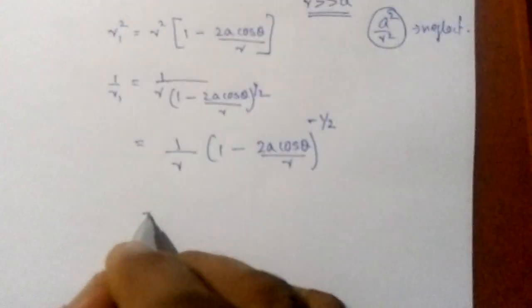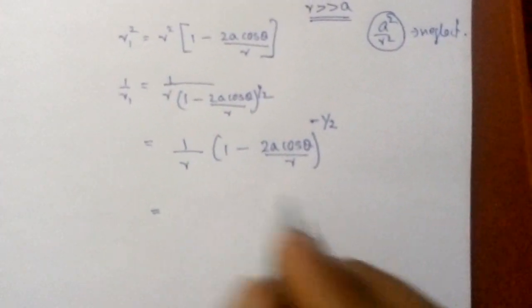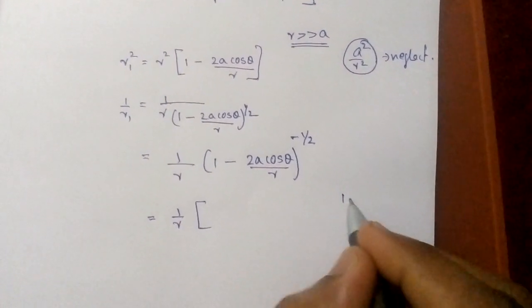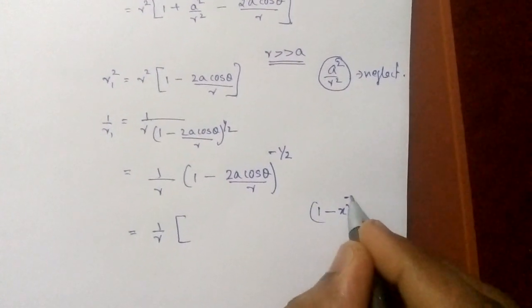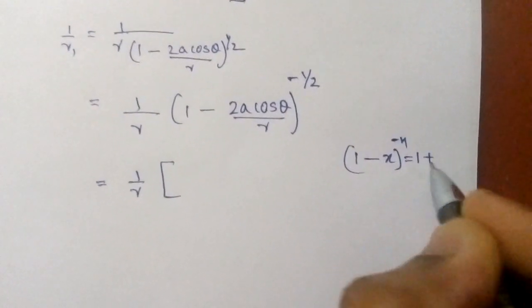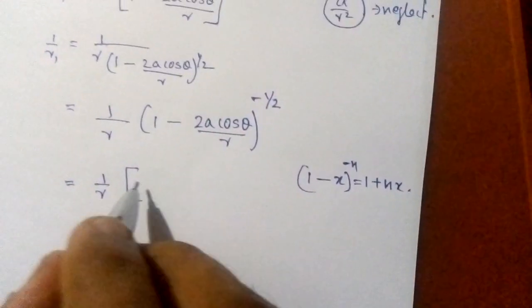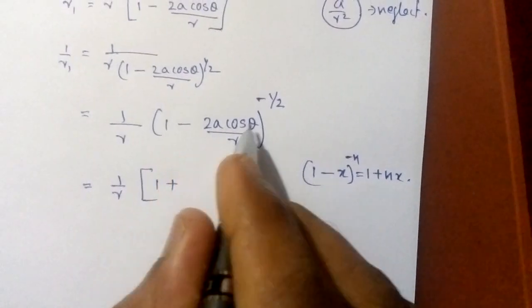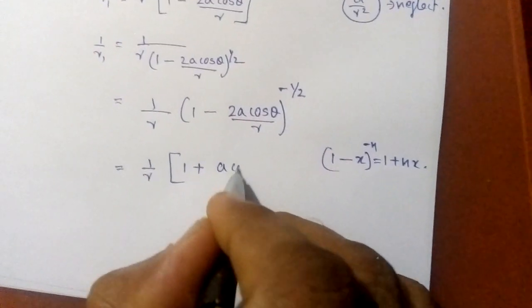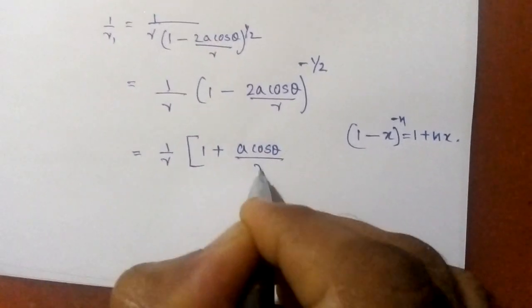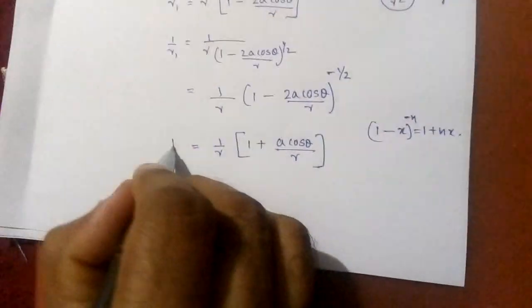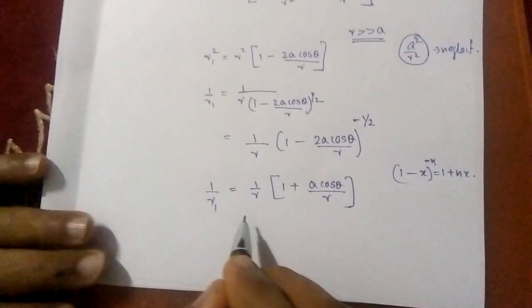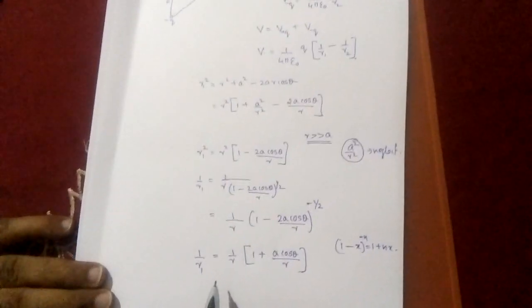Here we want to use the binomial expansion: (1 minus x) to the power minus n is approximately 1 plus nx. So we will get 1 by R into (1 plus half into 2A cos theta by R), that is, 1 plus A cos theta divided by R. That is the value of 1 by R1.